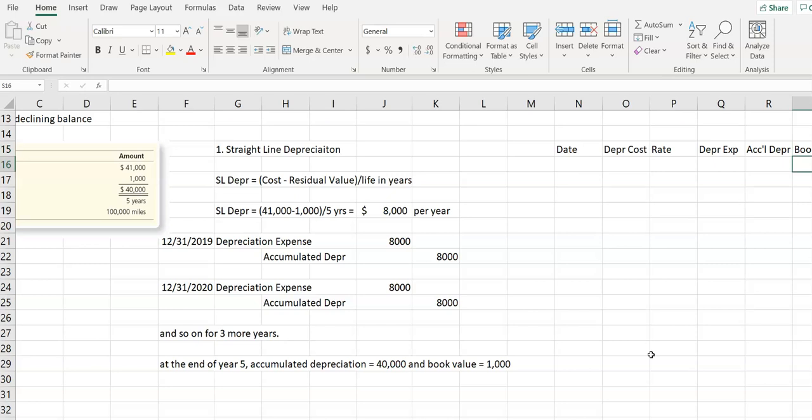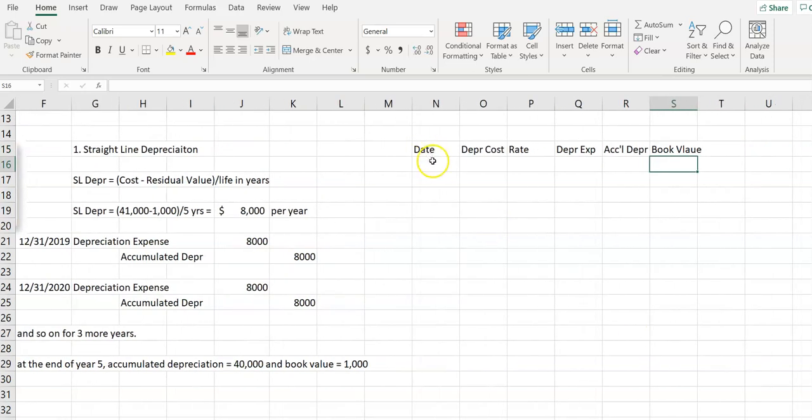All right, so let me go over here. I'm assuming they bought this, let's say, at 1/1/19. I'm sure it tells us. So if I have different dates, don't worry about it.